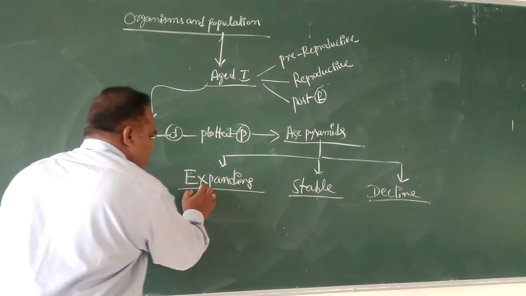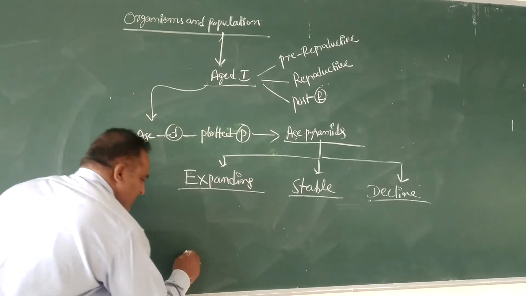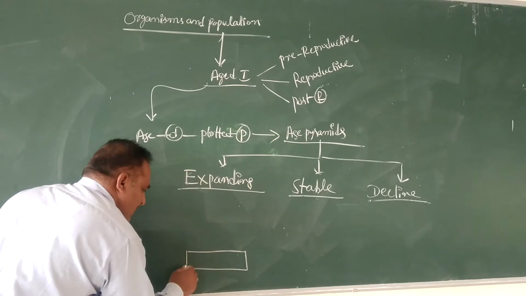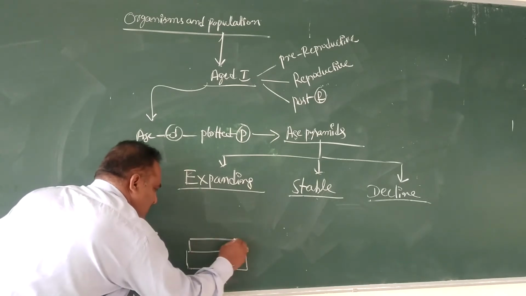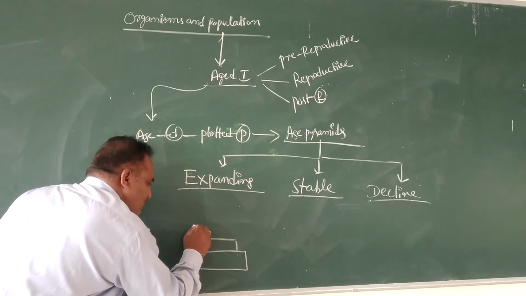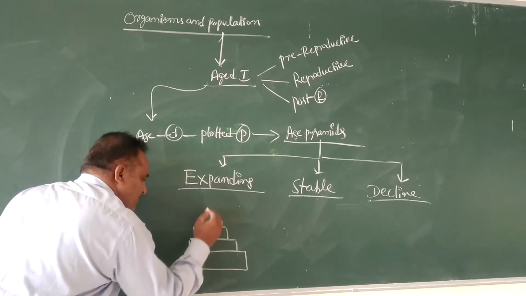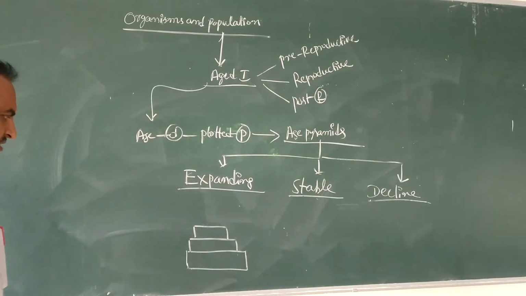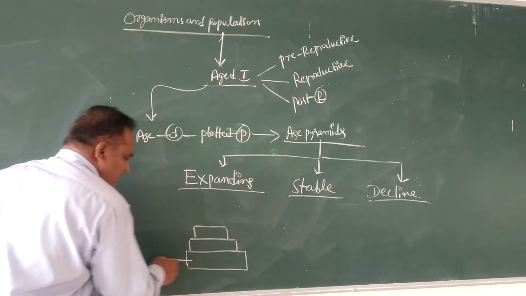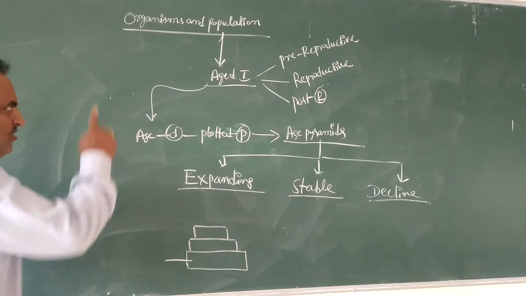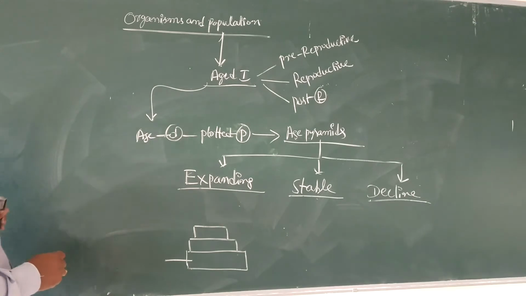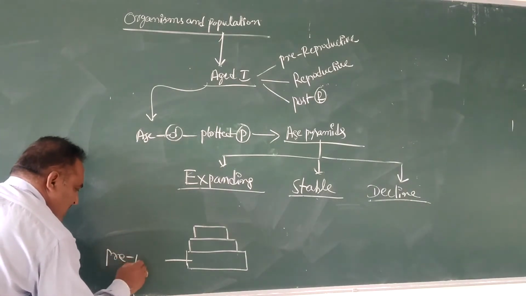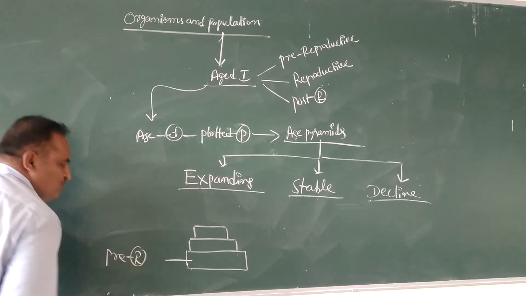In the case of the expanding pyramid, consider the base of the pyramid and what lies above that base. At the region of the base, there is one kind of aged individuals called pre-reproductive aged individuals.